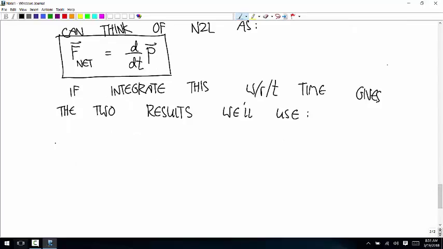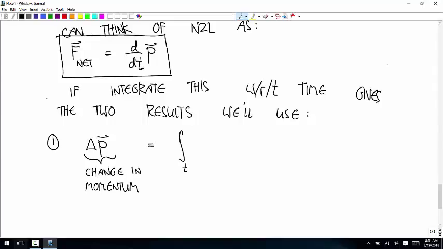The first one says that the change in momentum over the interval of time that you're integrating is equal to the integral from, let's say, t1 to t2 of the net force as a function of time dt.